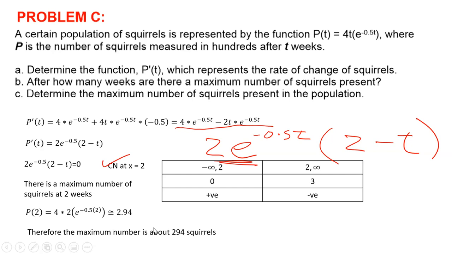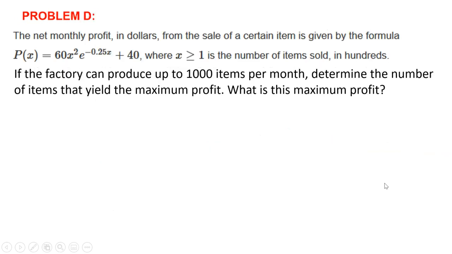So there you go. Nothing particularly difficult about that question. Similar question: the net profit in dollars from the sale of a certain item is given by this formula. You just have an equation. X has to be greater than or equal to 1, so X can't be 0. If X is 0, then this whole function would disappear.